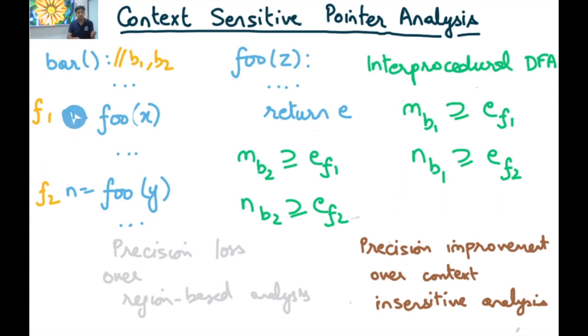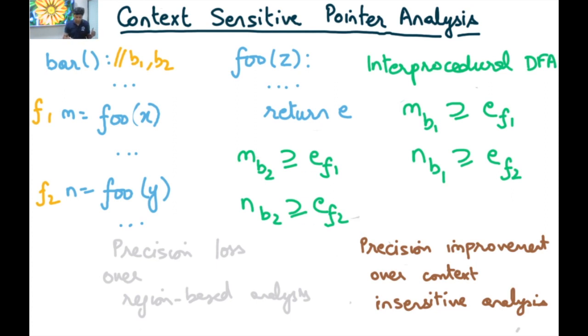Then M would still have a small points to set and N would have a large points to set. Whereas if I was doing a context insensitive analysis, both M and N would have had a large points to set. So in a context insensitive analysis, I would have said that M is a superset of E and N is a superset of E. And those were the only two equations.